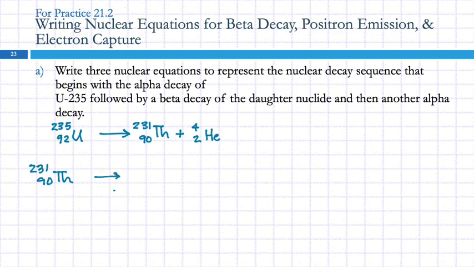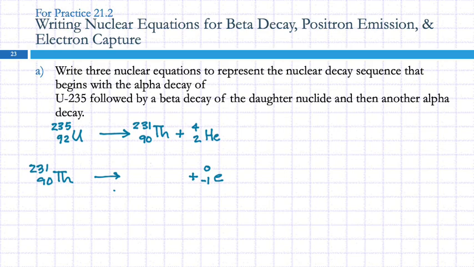So symbol for beta particle. What's a beta particle? It's an electron, right? So that's e, 0, and -1. The -1 here is not because of the charge, but if the negative charge of an electron helps you remember that the electron has a -1 and the positron has a +1, hey, that's good.